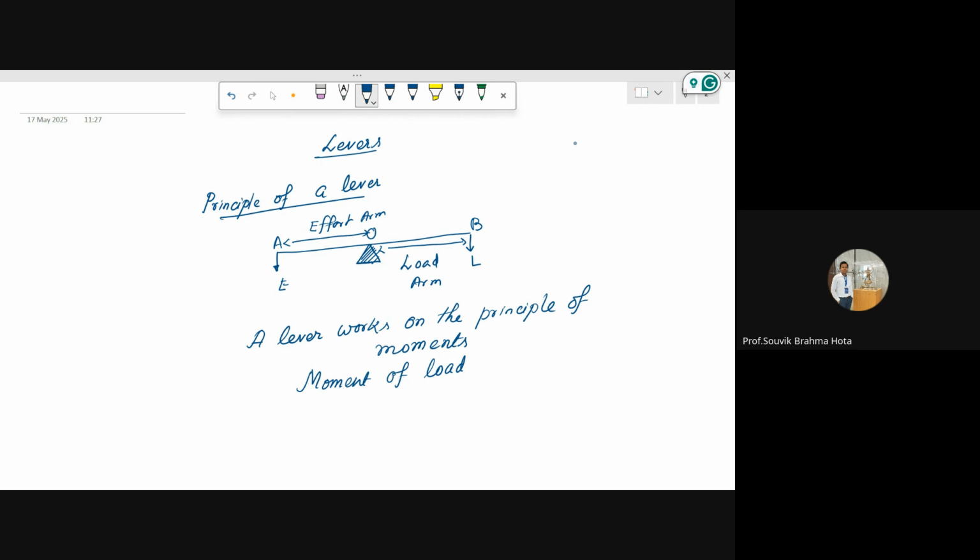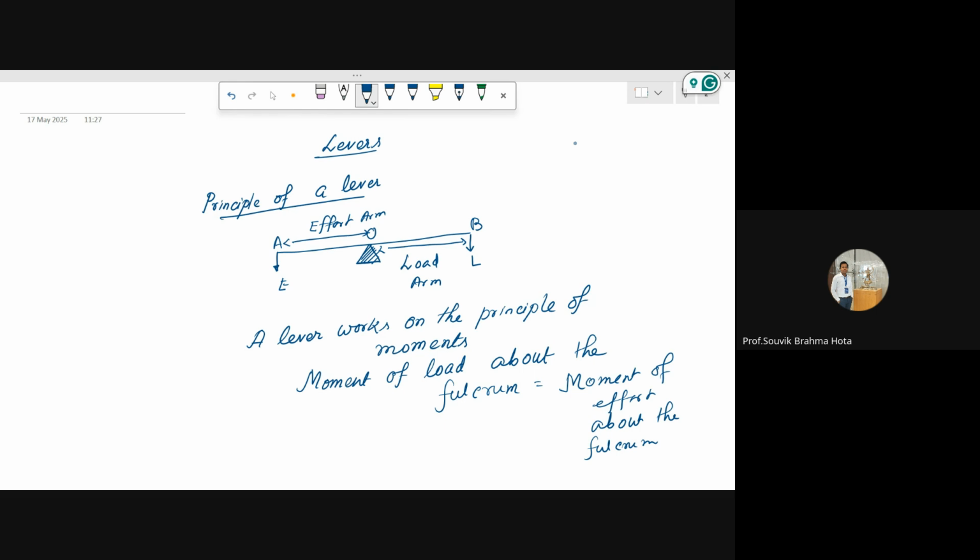What is actually that principle of moments says? Moment of load about the fulcrum is equal to moment of effort about the fulcrum.